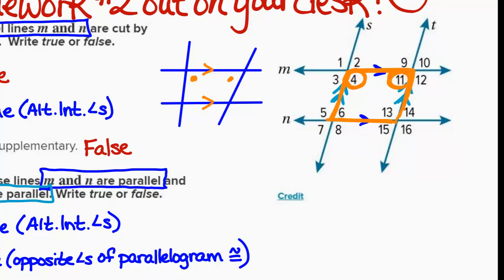What could we call those angles? They are supplementary because they are what special angle pair in a parallelogram? I'm looking for a word that starts with a C. They are consecutive angles. They're both on the top of my parallelogram. And in a parallelogram, consecutive angles are supplementary.